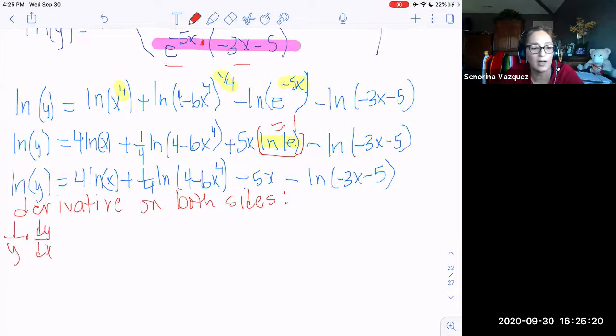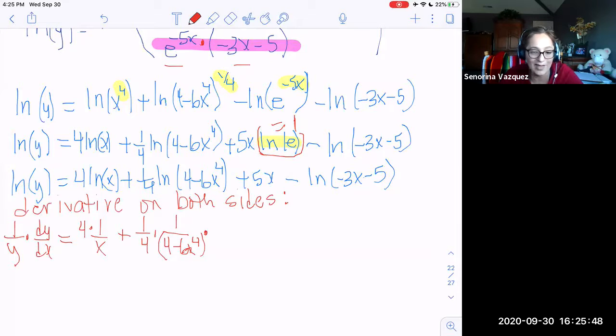So 1 over y times dy dx equals, same thing here, I have a 4 times 1 over x times the derivative of x, which is 1, plus 1/4. I'm just bringing my coefficient down, times the derivative of ln of that stuff, which is, again, 1 over that stuff, so 1 over 4 minus 6x to the 4th, times the derivative of that stuff inside.